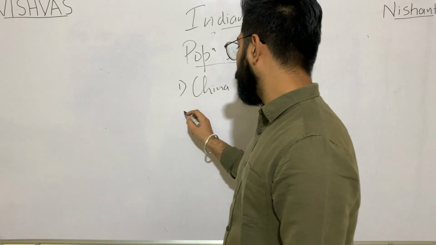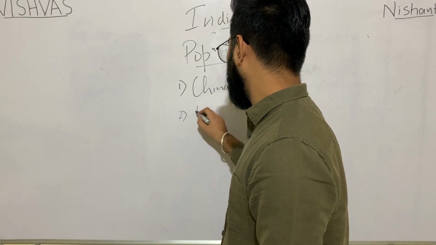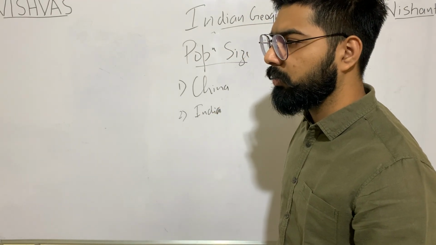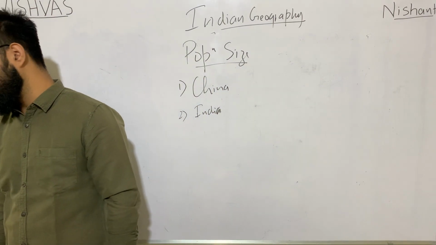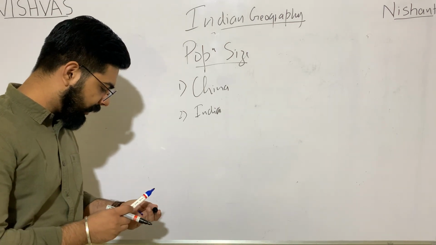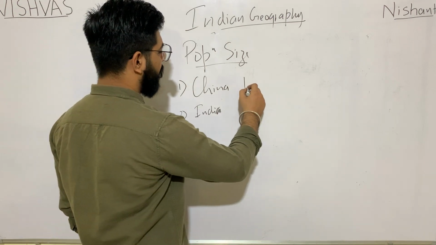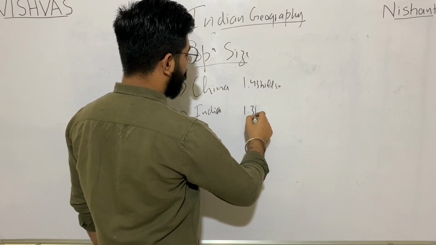And second we have India. Again, as per United Nations, we will surpass China by 2028. China has 1.43 billion and we have 1.38 billion.